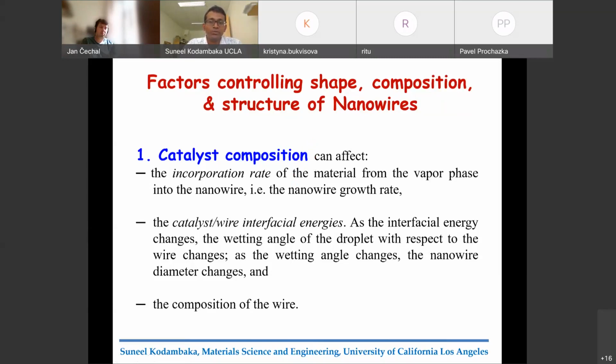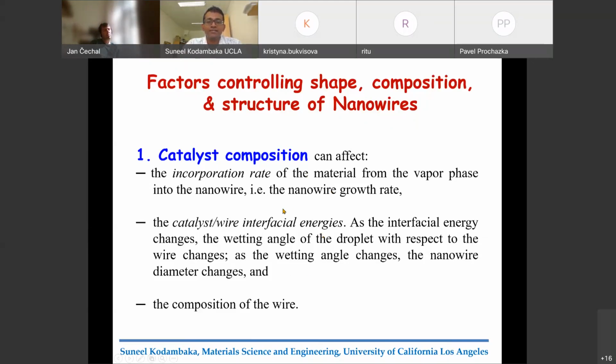And gold aluminum silicon ternary alloy droplets tend to be more stable against Ostwald ripening than just gold silicon droplets. And depending on the chemistry of the catalyst, you can have different rates of incorporation of the material. So some alloys are better as catalyst for dissociative chemisorption of the precursors compared to the others.